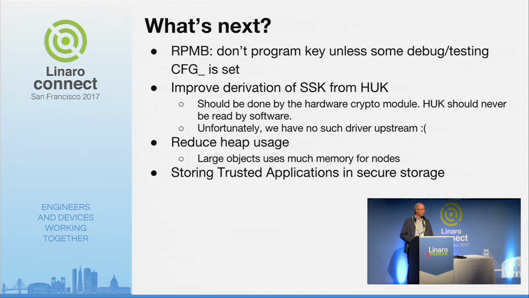Another thing could be to store trusted applications in secure storage also. That would solve the anti-rollback of trusted applications in a nice way. That's something we are working on at the moment. Maybe we'll see it next Connect.